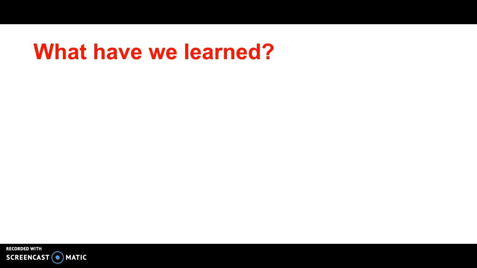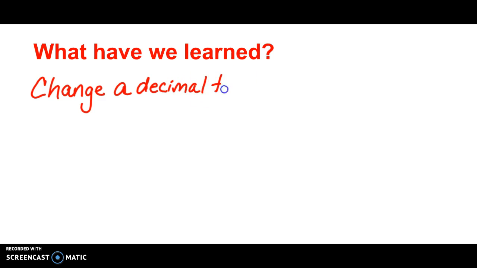Now let's look at what we have learned. At this point, you should be able to change a decimal to a fraction, and you should be able to change a fraction to a decimal.